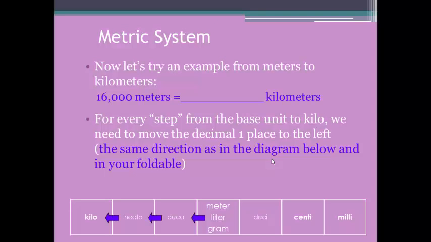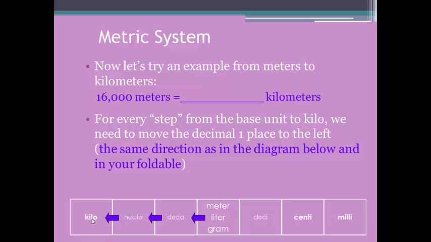Let's try an example from meters to kilometers. So here we start from meters, and we're going the opposite direction. When we go to the left, we move our decimal place to the left, which is the same as dividing. We're going to go over 16,000 meters. So 1 space to the left would be 1,600 decameters. 2 spaces to the left would be 160 hectometers, and 3 spaces to the left would be 16 kilometers.